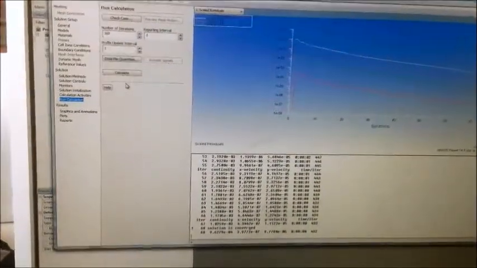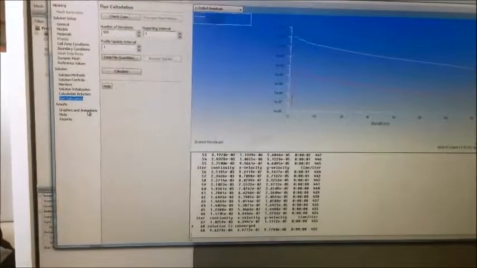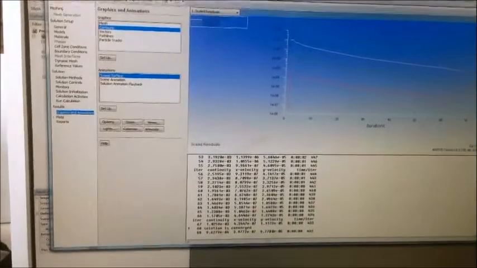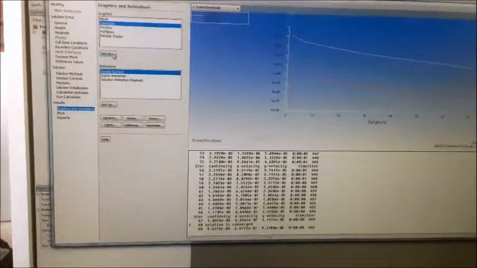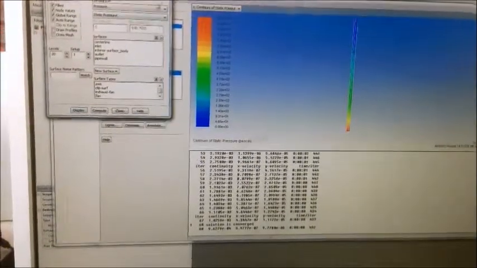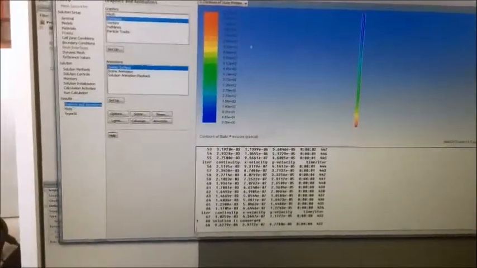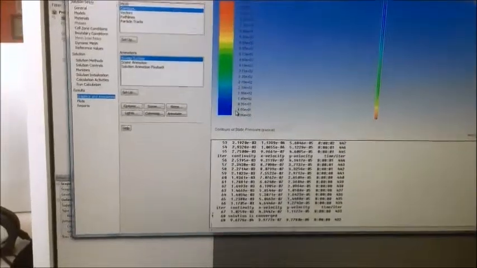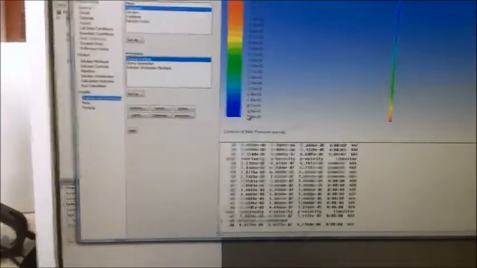We hit OK. We go to graphics and animations. Then in the graphics part of it, we went to setup. From setup, we went to display. And in that display, we found out the pressure of it.